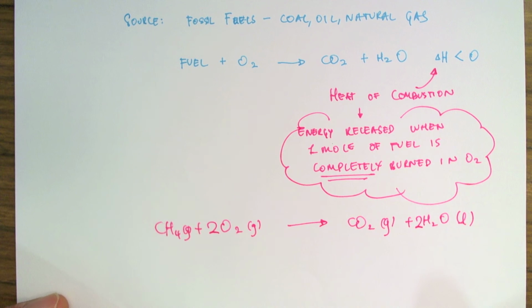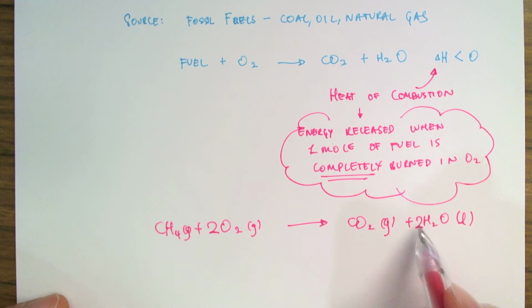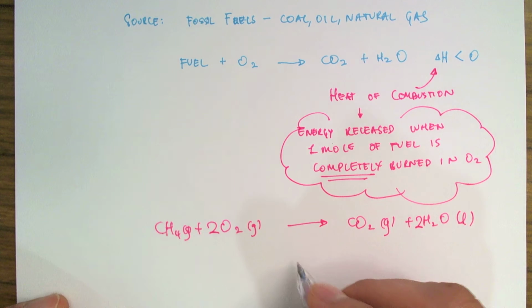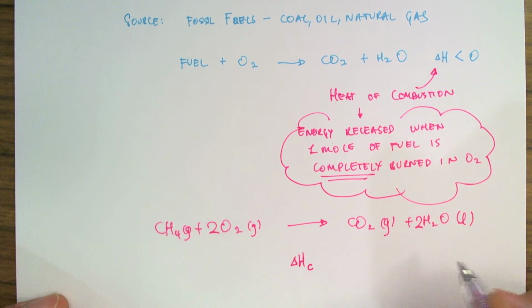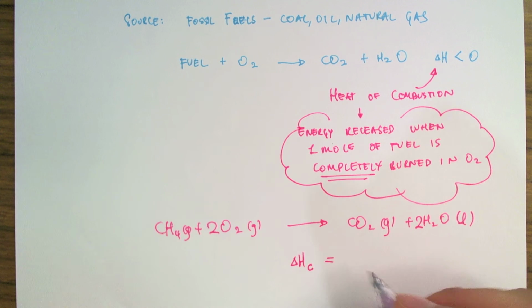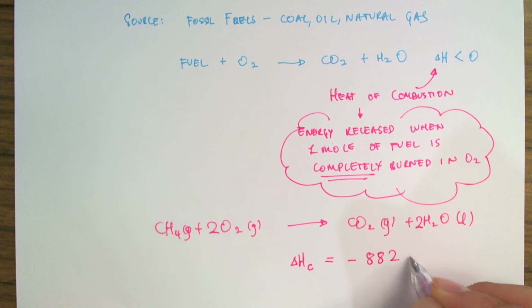So putting a 2 there will settle everything, because I have 1 carbon on the left, 1 carbon on the right, 4 hydrogens on the left, and 4 hydrogens on the right. And the heat of combustion, the little c there, denotes the heat of combustion. The heat of combustion for this reaction happens to be minus 882 kilojoules per mole.